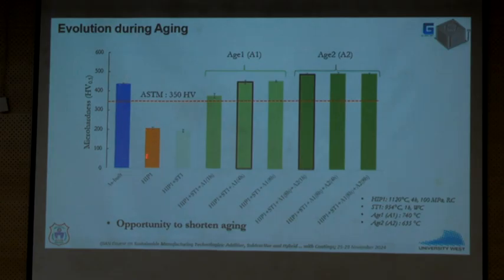After HIPping, you actually see a drop in hardness, because it has homogenized. Whatever other undesirable phases were there have vanished, and you get the same effect as you get during solution treatment. But what is interesting is what happens during aging.